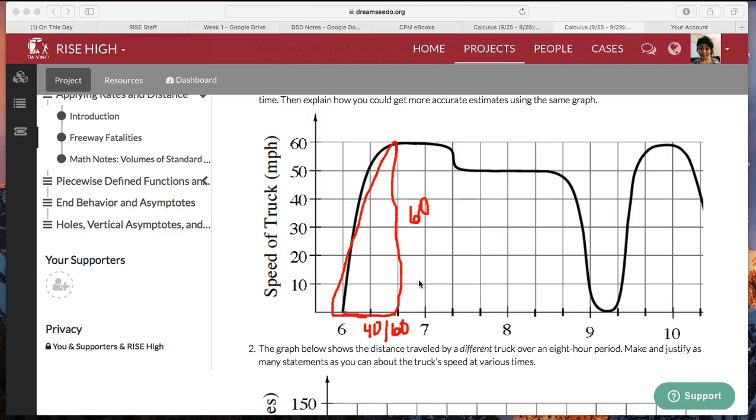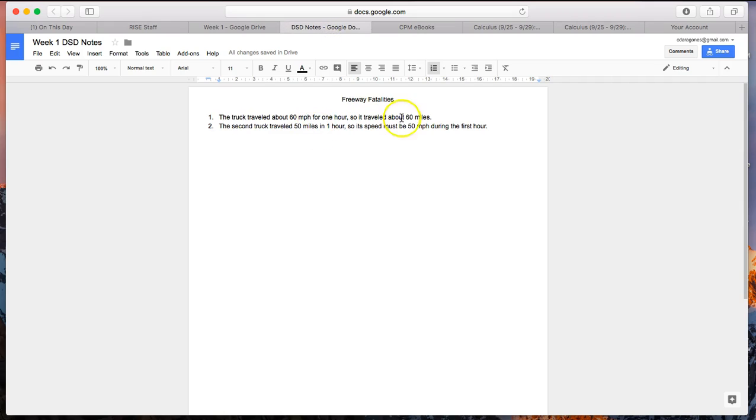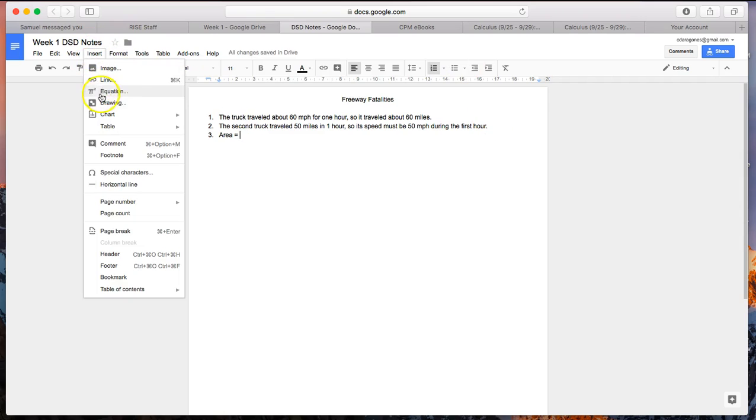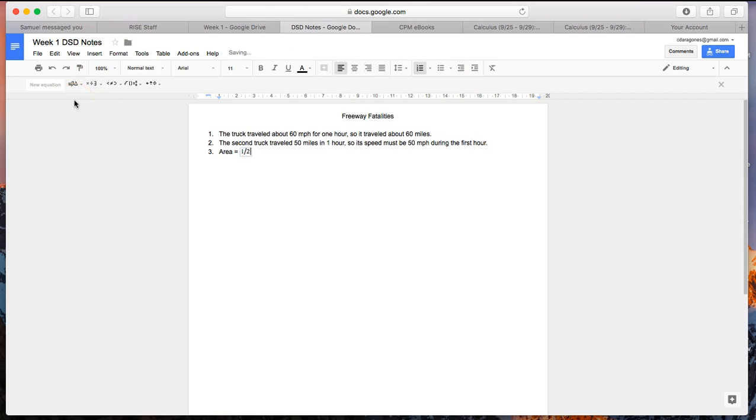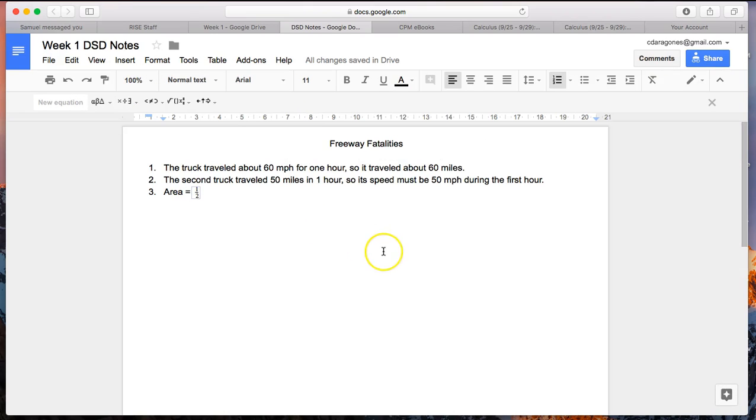So if we look at the area of this, I'm going to go on to my notebook here. Let me zoom in on this so you can see it a little better. Number 4, area equals 1/2 times base times height.